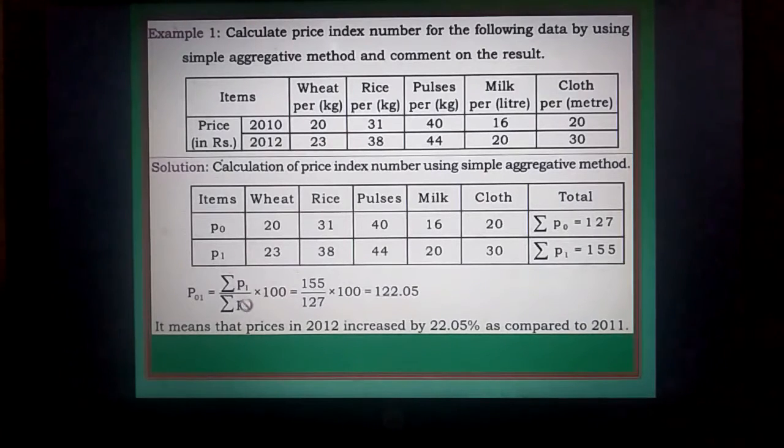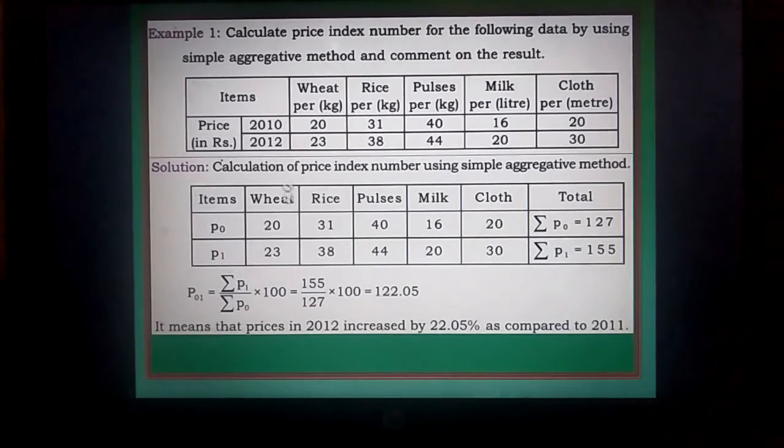Always remember students, P1 will be in the numerator and P naught will be in the denominator. That means current year aspects come in the numerator first, and then base year aspects come in the denominator, because we calculate the current year as compared to the base year. If weights are required, which weight is applied is secondary. Later, in further concepts, we will come across it.